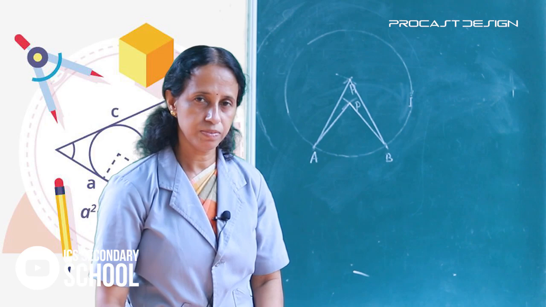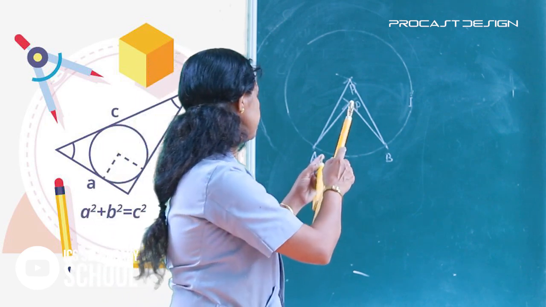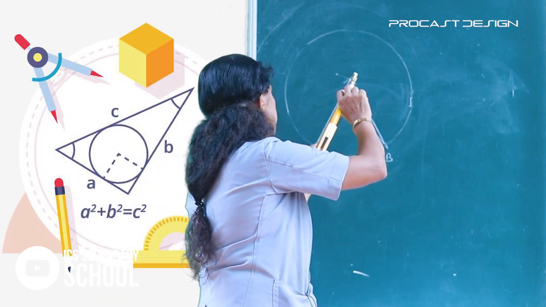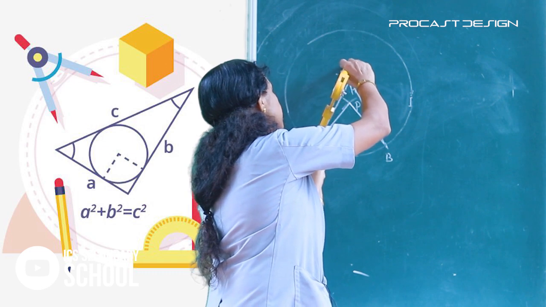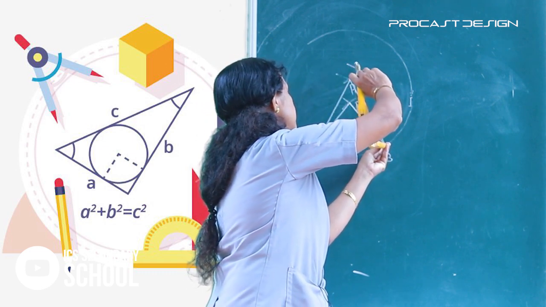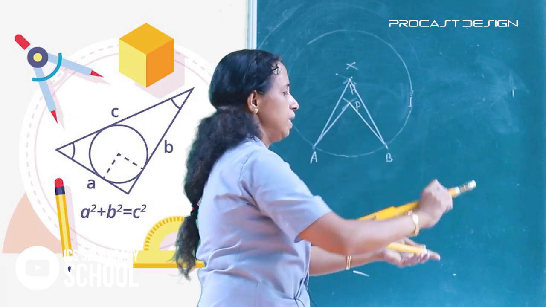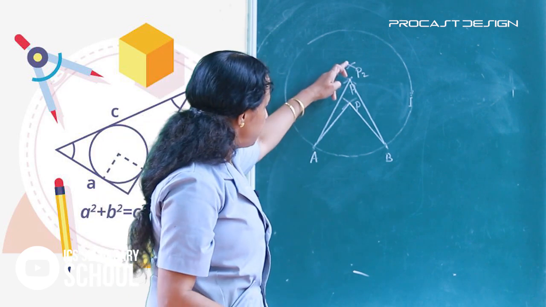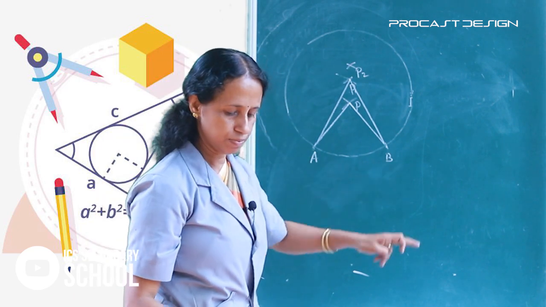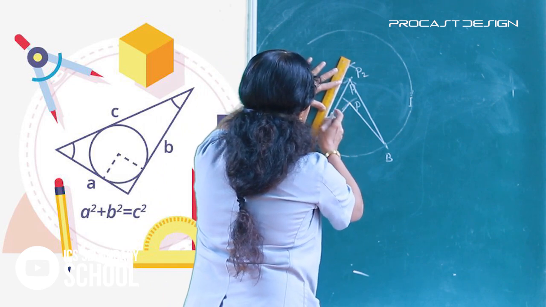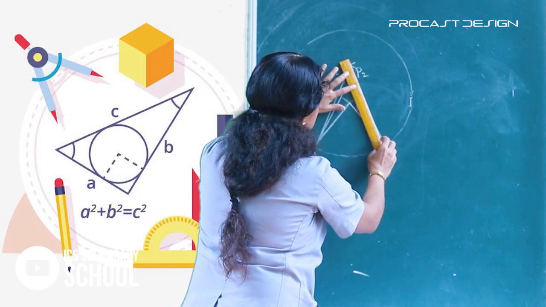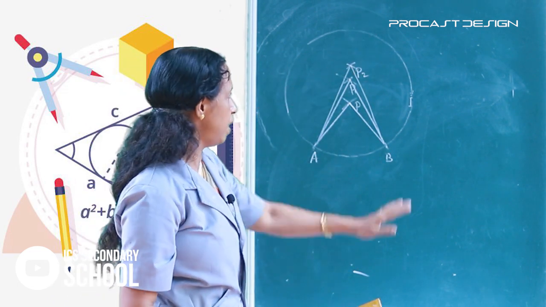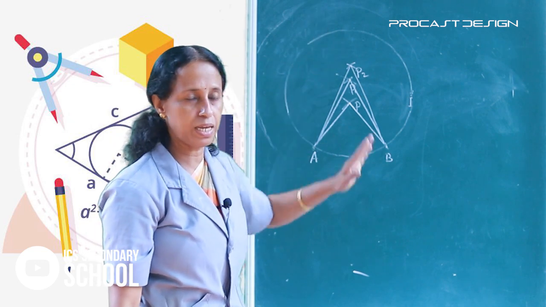In the same way, mark a next point. Change this measure. Mark another point. This is P2. Connect P2 to A and P2 to B. These 3 points are on the same line.